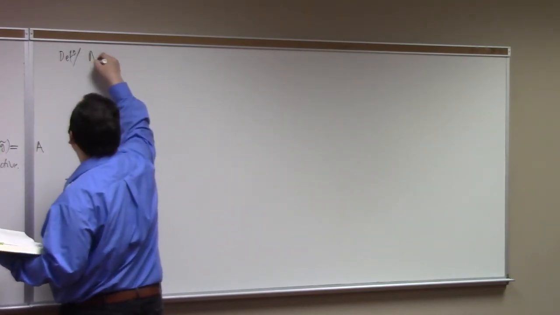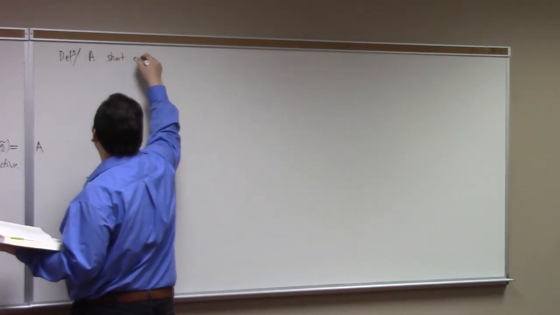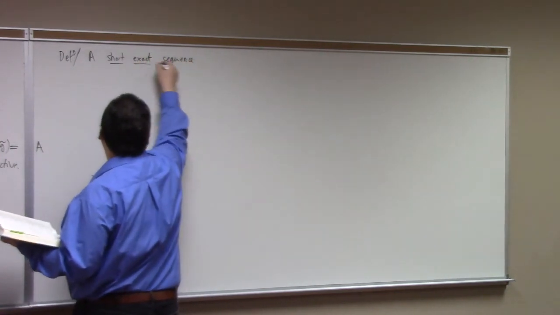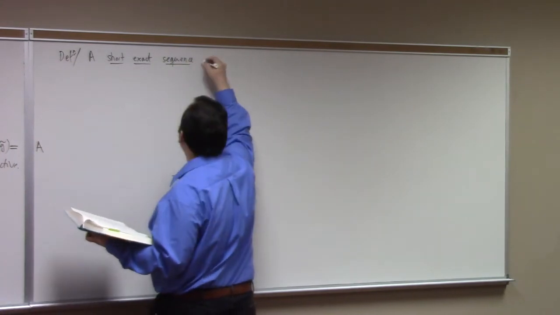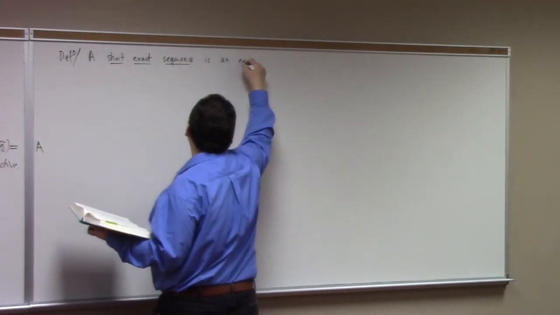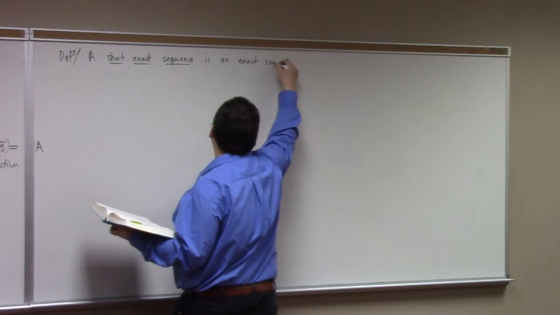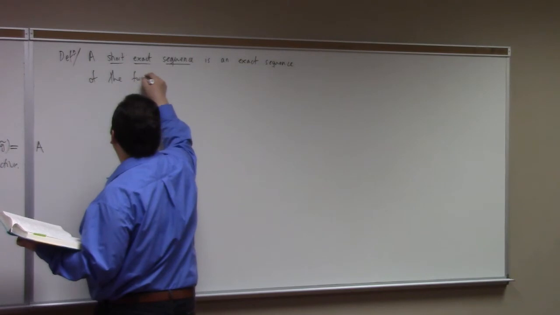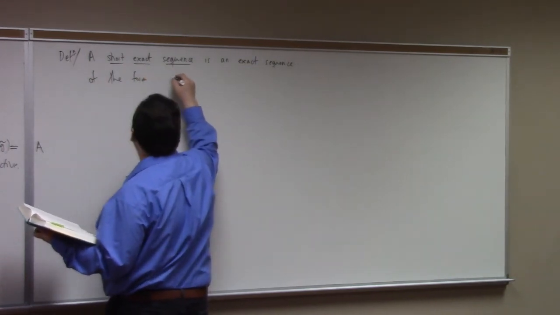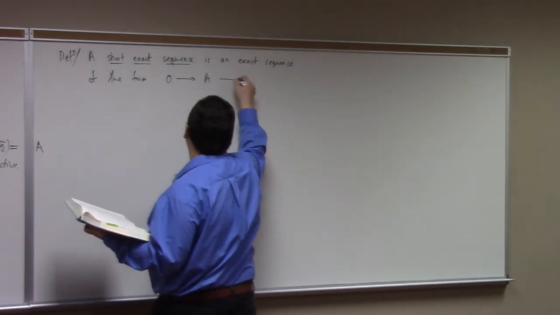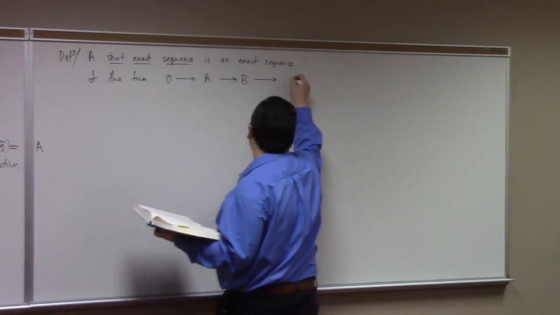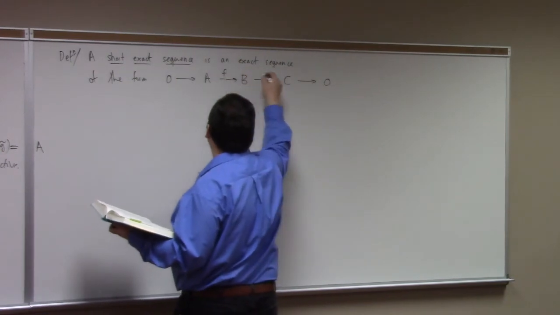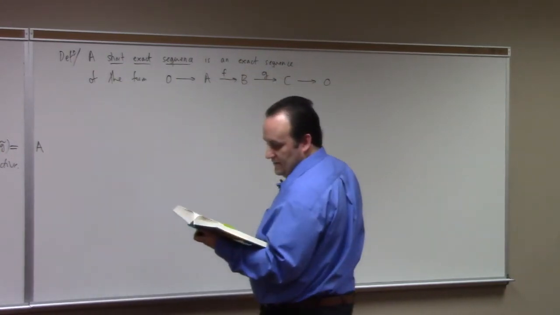A short exact sequence is an exact sequence of the form 0, A, B, C, 0, where we'll use F and G for the middle maps.